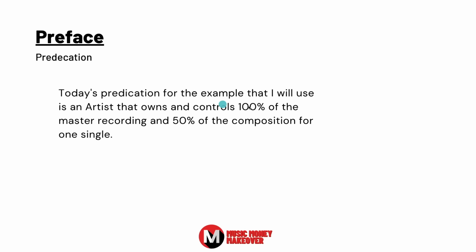They just got some money they saved up, and they're hitting it hard, trying to make sure that they can get some cash flowing on the music. So they own, just like most artists will when they start out, 100% of the master recording and 50% of the composition for one single. This is an artist that did not lease a beat. They had one of their homies make a beat, or they made the music themselves and co-wrote with someone. So this is for complete ownership.